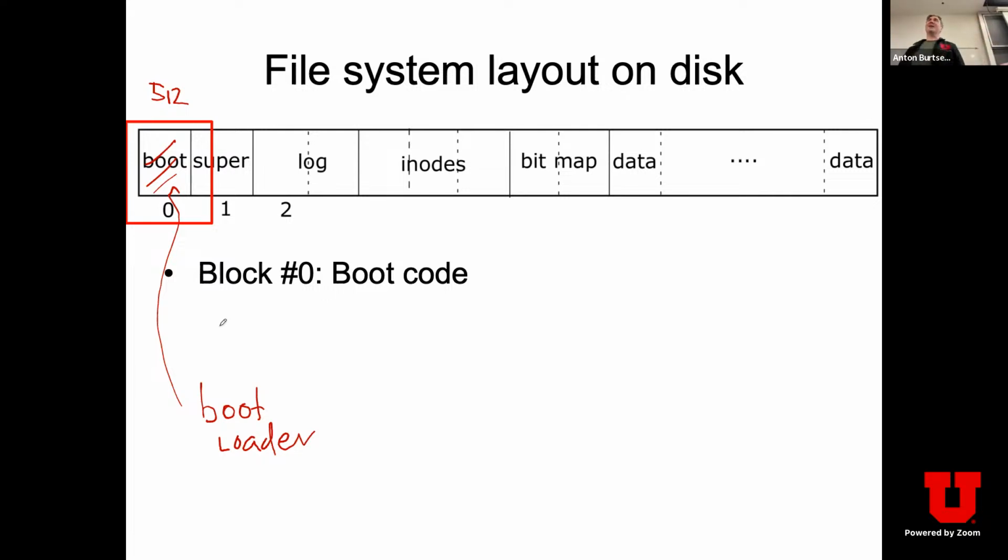Does anyone remember the address? 7C00. I remember it for at least a semester, then I forget again. It's a lower address just because you start in real mode. And it jumps there, and this tiny boot code boots the rest of the system.